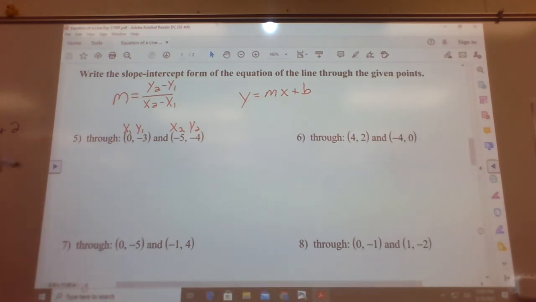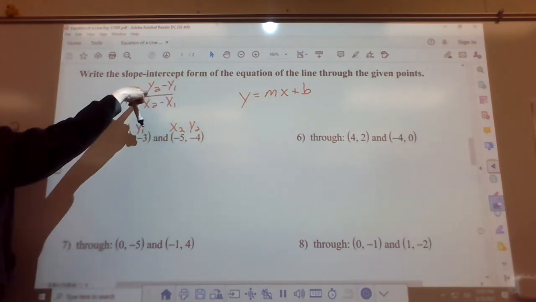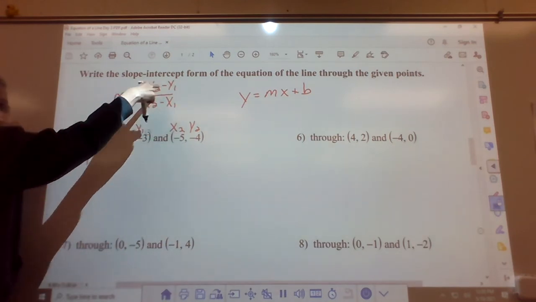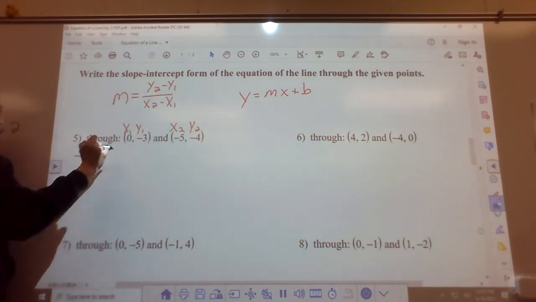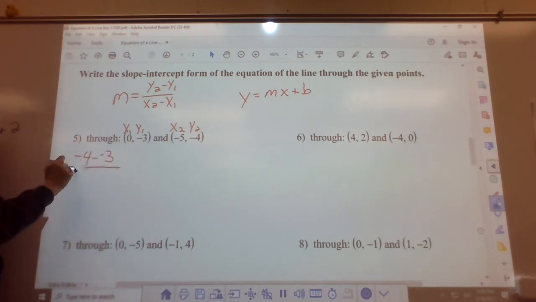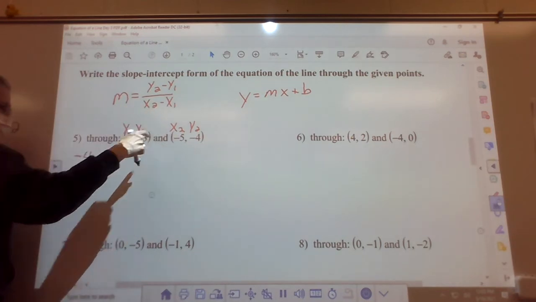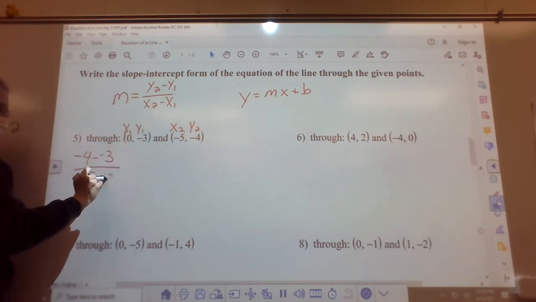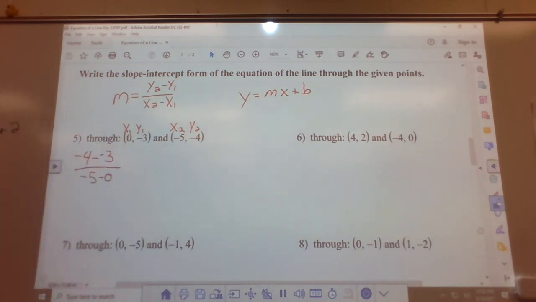Plug it all into my slope equation. So y2, negative 4, minus y1, negative 3, over x2, negative 5, minus 0. So I'm just plugging everything in where it belongs. Now, like I said, the trickiest thing on this is just keeping track of minuses and negatives.